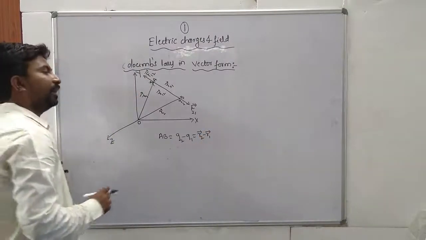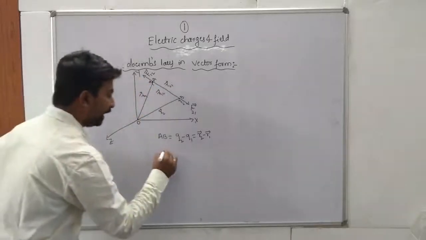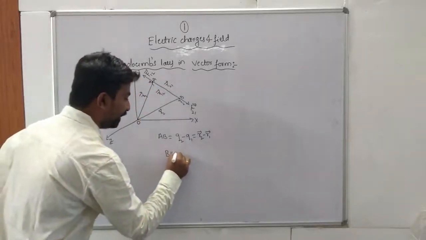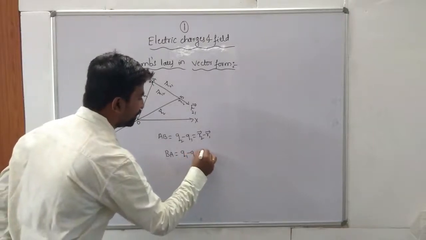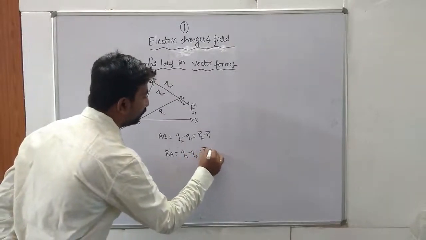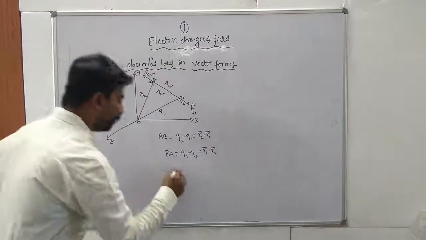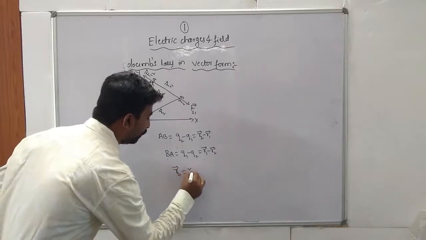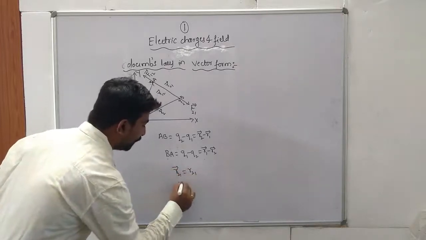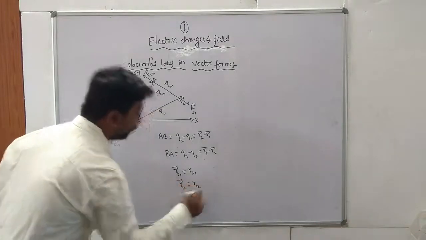In the same way, the vector leading from B to A, so BA is equal to Q1 minus Q2 is equal to R1 minus R2. So the magnitude of R21 is equal to R21. The magnitude of R12 is equal to R12.